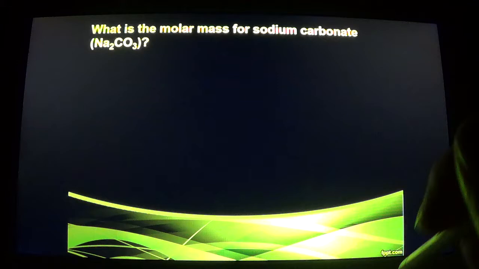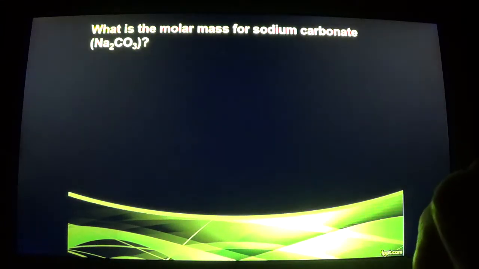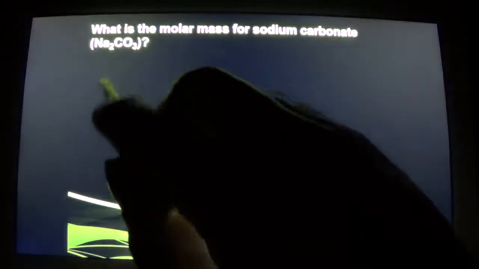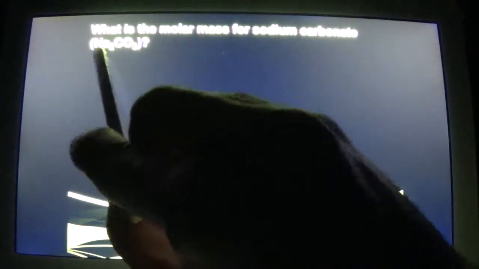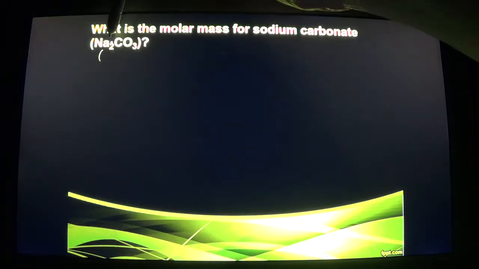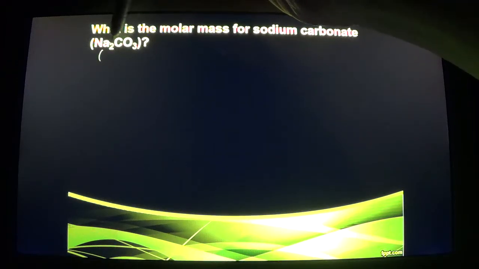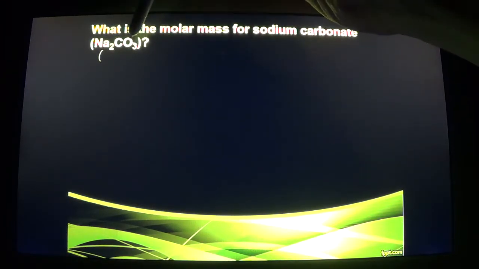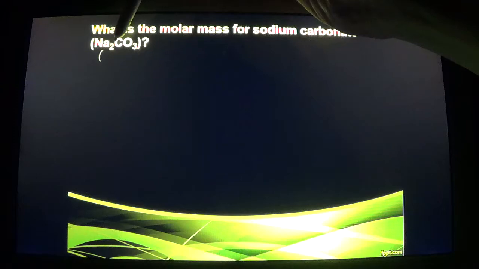Okay, so let's do that. Let's find the molar mass for sodium carbonate. So again, ratio time. How many sodiums? I have 2 sodiums. How many carbons? 1 carbon. How many oxygens? 3 oxygens.